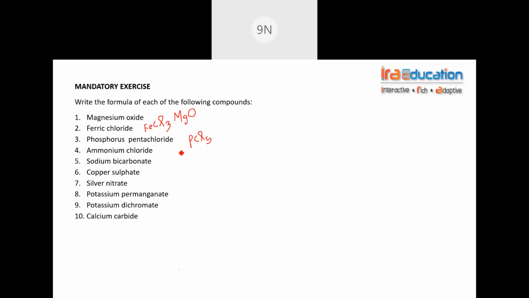Just now I told you in the worksheet, right? Ammonium chloride? NH4Cl. Very good. Sodium bicarbonate? NaHCO3. Very good. Copper sulfate? CuSO4.